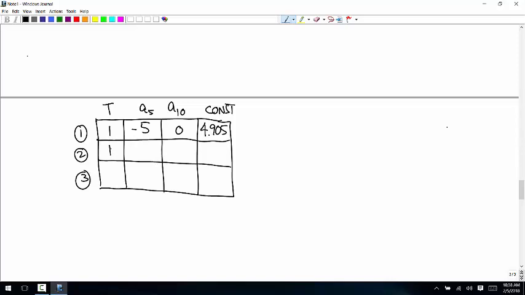Equation 2 says 1T minus 10a10, and the constant is 98.1. And then equation 3 says 1a5 plus 1a10 is equal to 0.